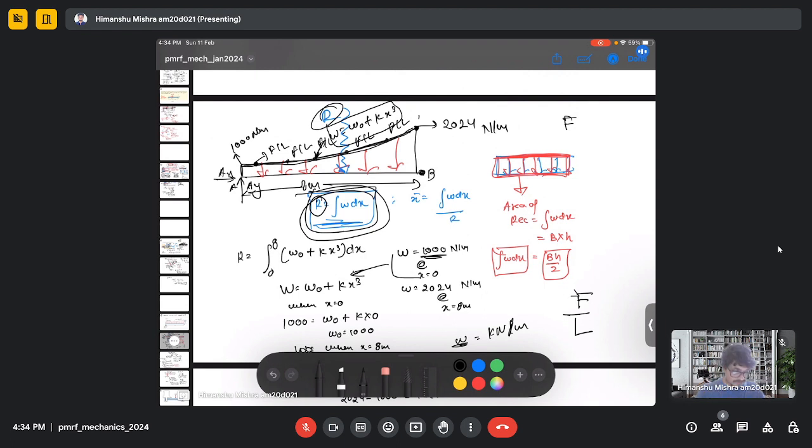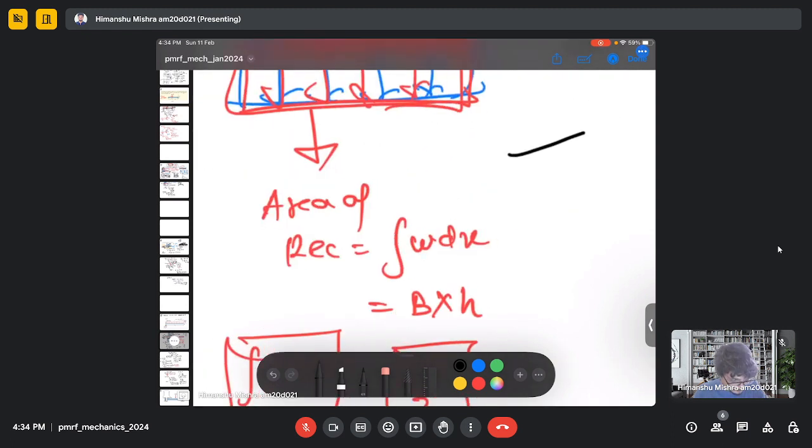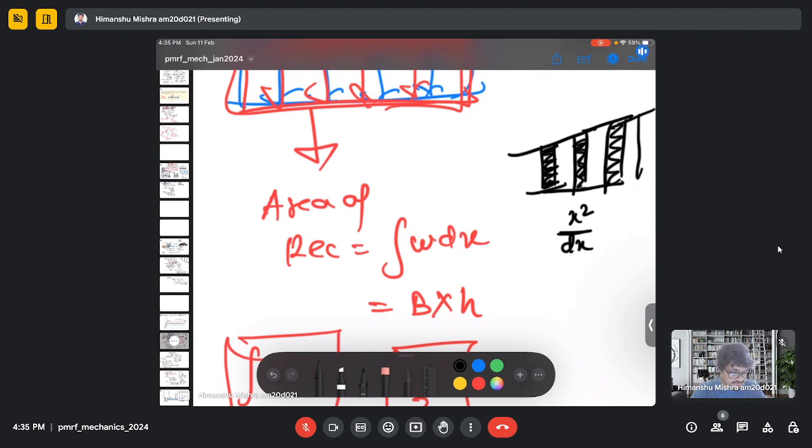So now you have a force, let's say, given by x square, and it is per unit length, which is x square by L. If you take the elemental area, then your force will be x square by L times some elemental length dx. Now as you keep changing the horizontal length, this elemental quantity keeps changing. And this is actually represented by this whole one, not this x square alone.